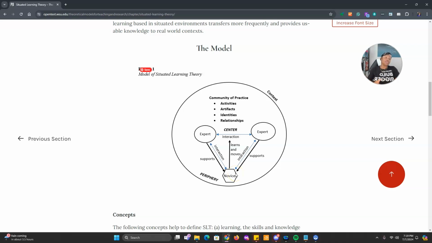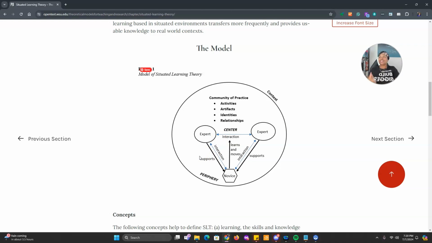However that shows up for you, you can benefit as the expert. And as the novice learns and moves up in their knowledge towards expertise, they become more of an expert. When you're starting out as a novice, you're on the periphery, on the edges of the context. Then as you get deeper in and closer to the center, you become more of an expert. I thought this was fantastic in how it explains how to build a community of practice.